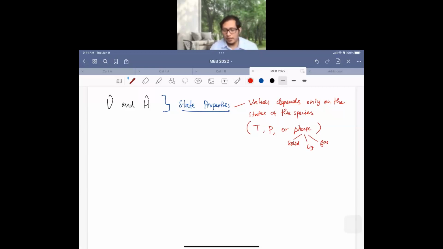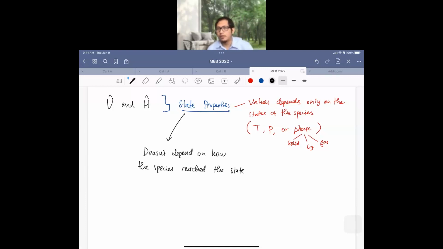So what does it mean? They depend on the state of the species. It means that it doesn't care how you get the value. Or let me write another note that it doesn't depend on how the species reached the state.